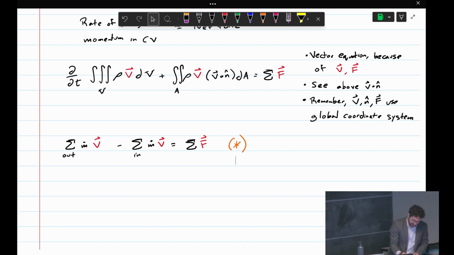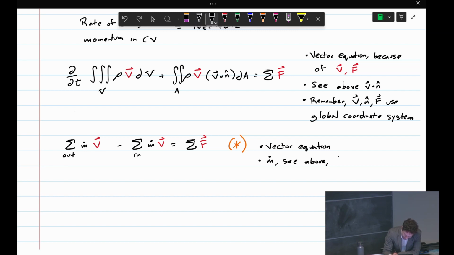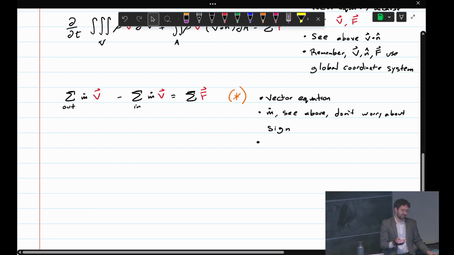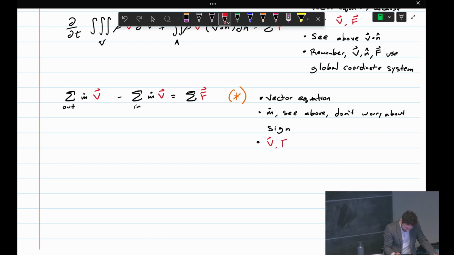Yeah, so the common mistakes and notes for this equation would be, again, a vector equation. With m dot, that's the same as from above, so don't worry about the sign of m dot. But the vectors in this equation, everything that's in red, so v and F, we need to worry about sign.